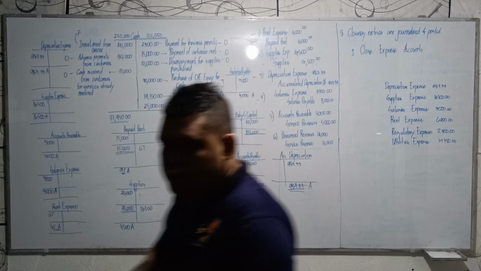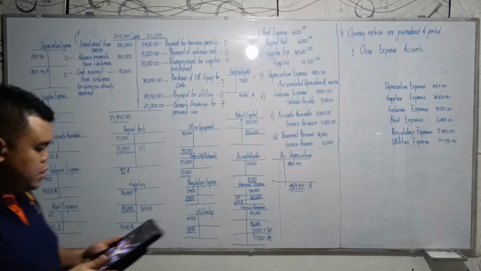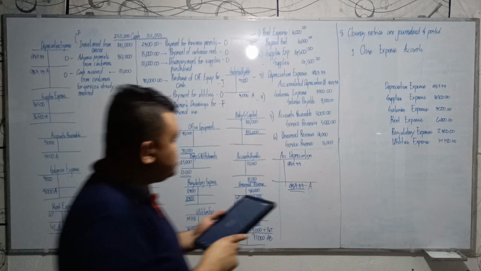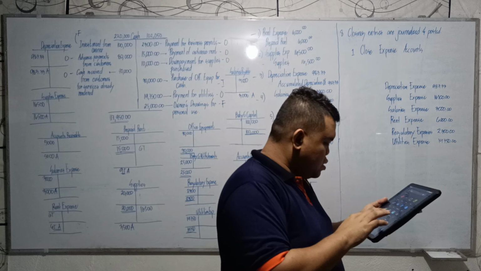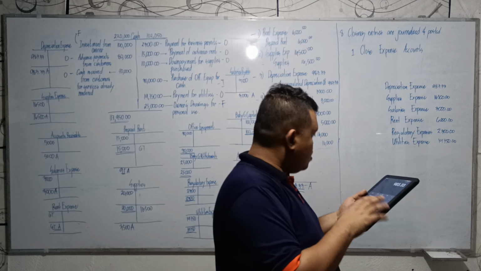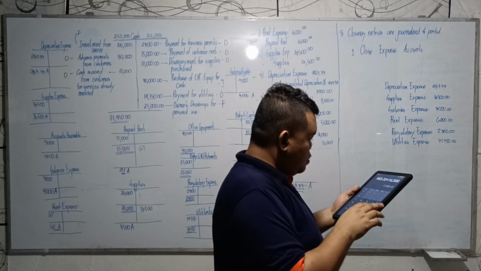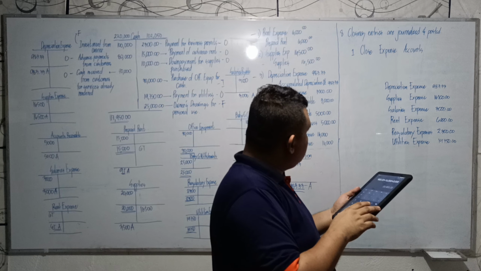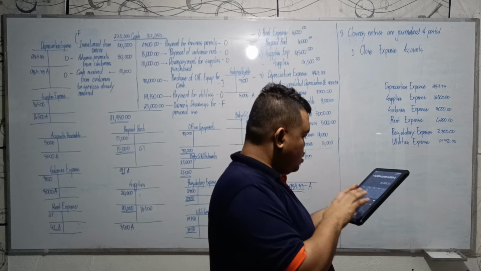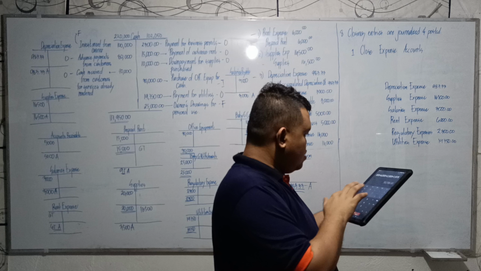Okay. So, what will be the debit counterpart? Let's add first the depreciation expense. Again, 983.33 plus 16,500 plus 3,000 plus 6,000 plus 2,300 plus 19,750.